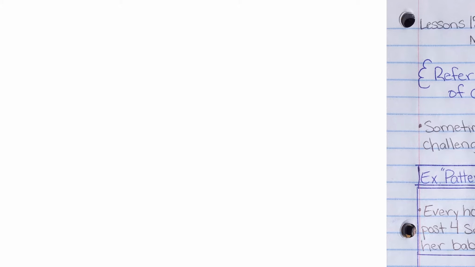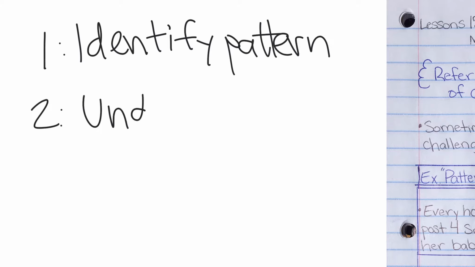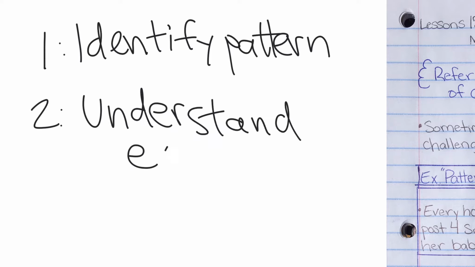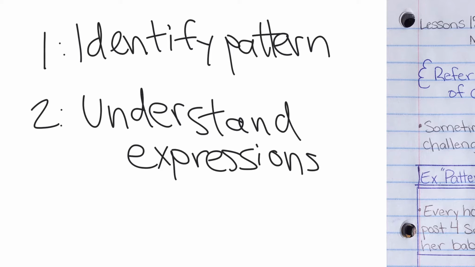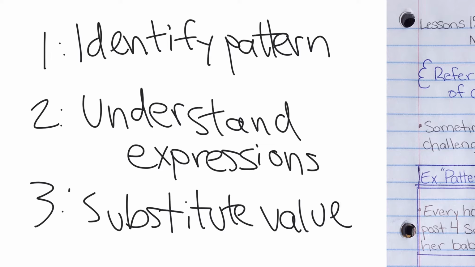Okay, so in those previous notes we had those 3 steps, and those 3 steps are: 1, identify the pattern, just as a quick review, and 2, understand the equation, and by equation I mean expression, and 3, substitute value for the variable, which is basically just plug in the numbers for the letters.